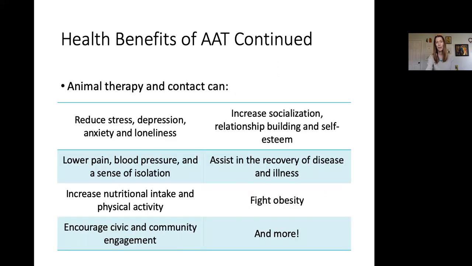So research has shown that animal-assisted therapy can reduce stress, depression, anxiety, and loneliness, can lower pain, blood pressure, and even a sense of isolation. Animal-assisted therapy has been used to increase nutritional intake and physical activity among different populations, which has led to more civic and community engagement, has increased socialization, relationship building, and self-esteem, and has also led to an assistance in the recovery of diseases and illness, so people actually recover faster when animal-assisted therapy programs are utilized.